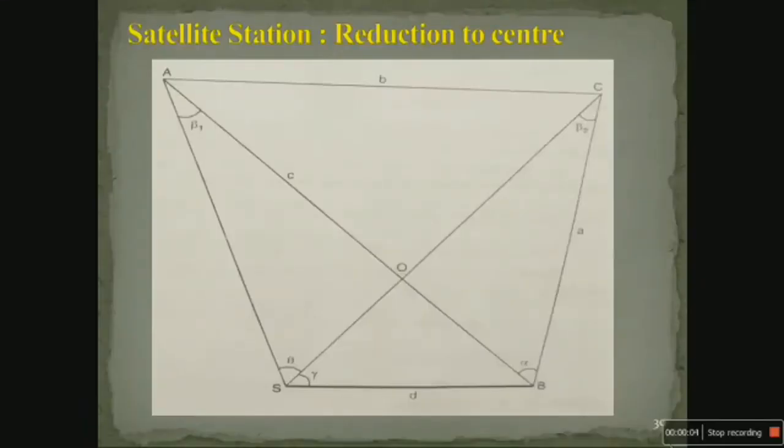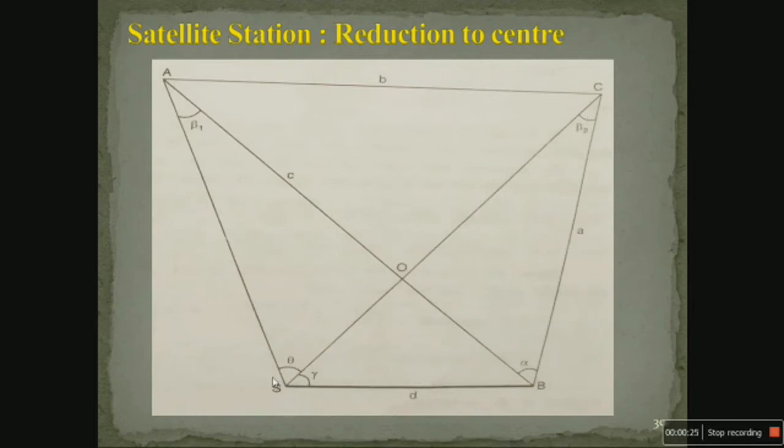Coming to the derivation, I am selecting the same positions of the triangulation stations as well as the satellite station that we discussed in the previous video. As it is, A, B, C are the three main triangulation stations.